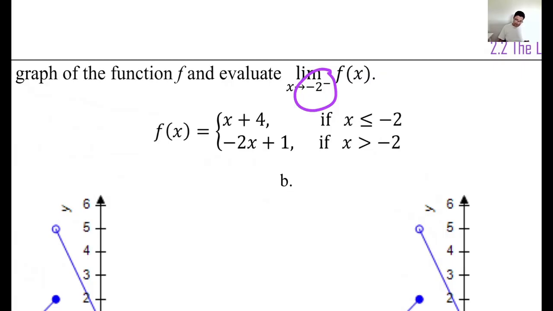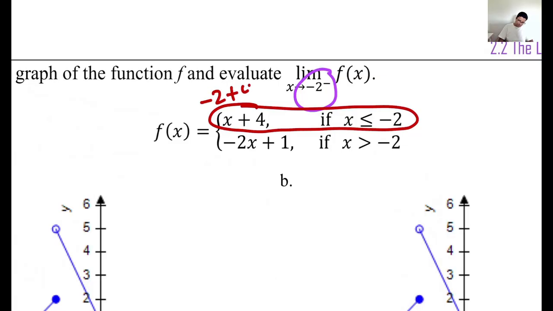So you need to worry what rule to consider when you are approaching from the left. And if you think about it for 2 seconds, you realize you have to consider the first rule. That is the rule which is applicable on the left side of negative 2, x equal or less than negative 2. So when you plug in negative 2 here, we get negative 2 plus 4 equals 2. Your answer is 2. As simple as that.